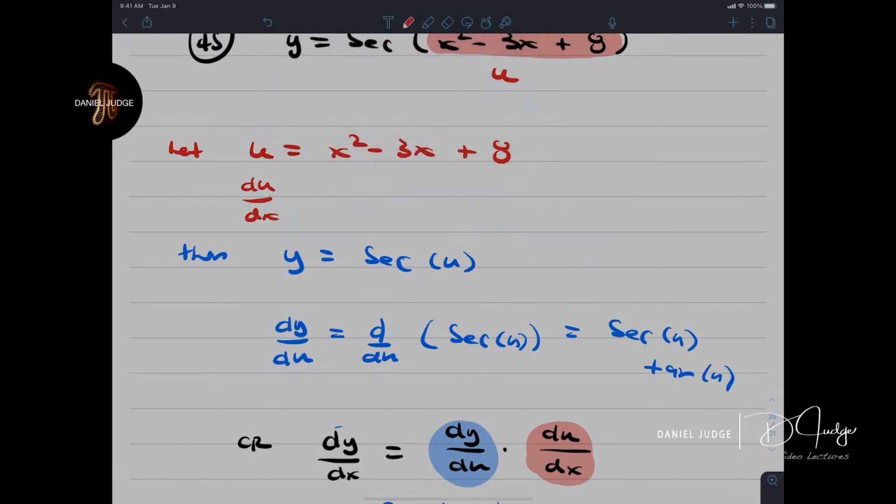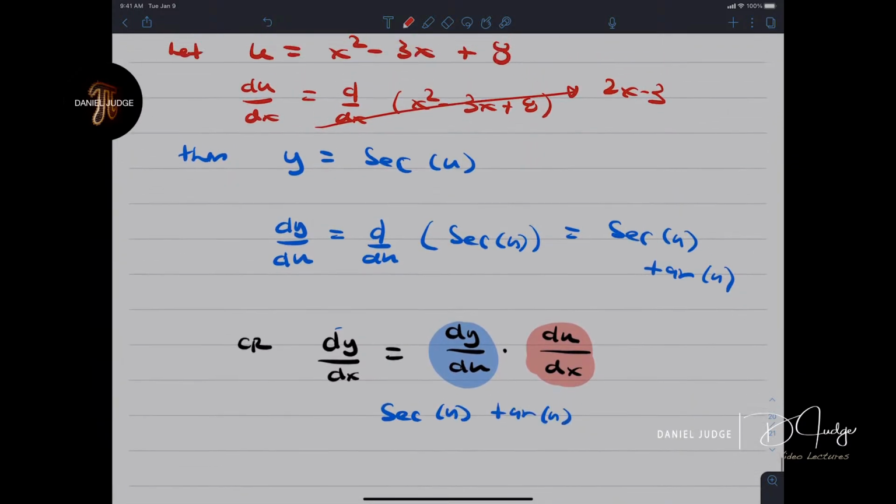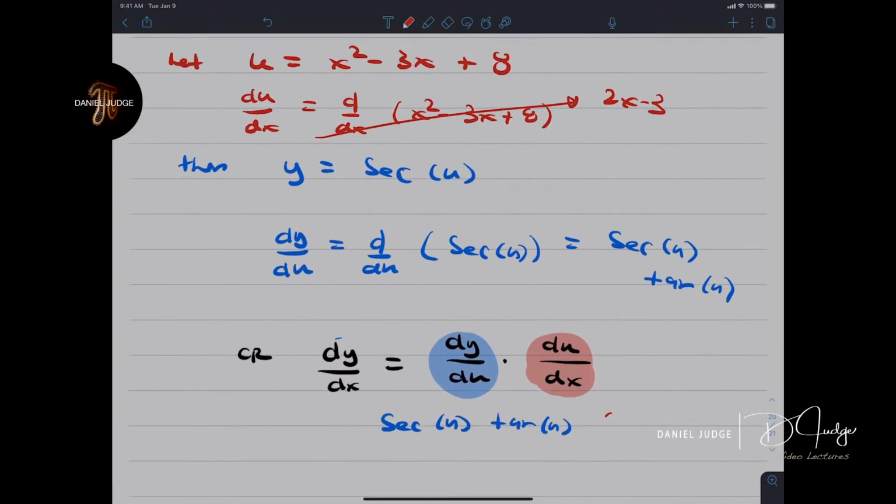Du dx is d dx of x squared minus 3x plus 8. Now, by properties of derivatives, we get 2x minus 3. So this portion here is times 2x minus 3. That's your chain.